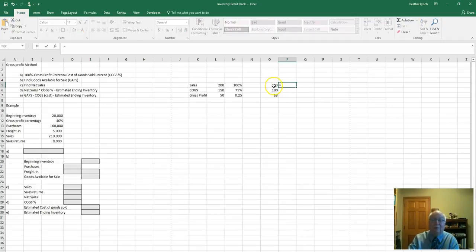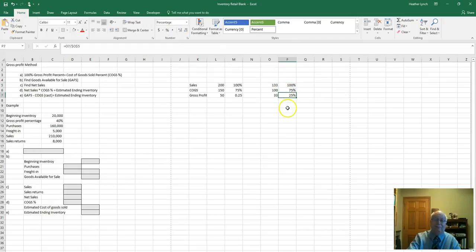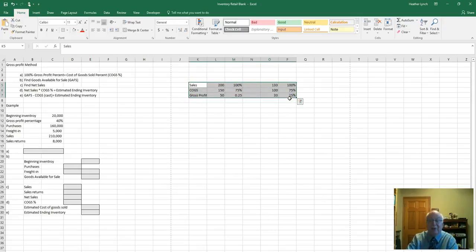So you'd have 133 divided by 133, and that gives you 100%. Then divide them out, and if you want those as percentages, that's your percentages then. So we want this group of percentages. We want gross profit as a percent of sales, not a percent of cost of goods sold. Okay, so that's how you do that. Make sure you read it carefully, whether it was a percent of sales or a percent of cost. Okay, that's the first thing.